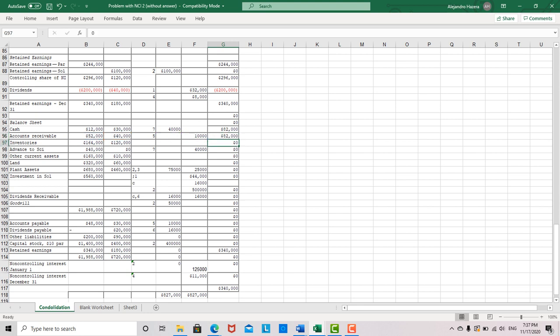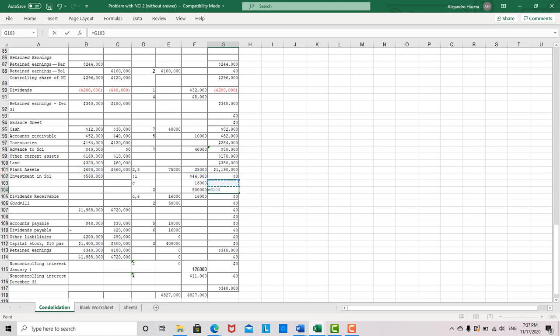That gives you 82,000. Then inventories is 164 plus 120, 284. Advance should be 0 because you can't owe yourself money. That's why we made entry 7. Other current assets should be 170, obviously. Land should be 320 plus 60, which is 380. The plant assets are 680 plus 460 plus 75 minus the 25, which gives you 1190.